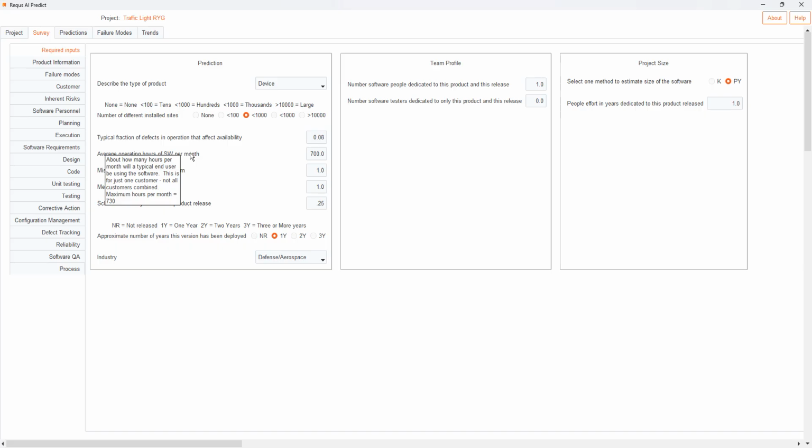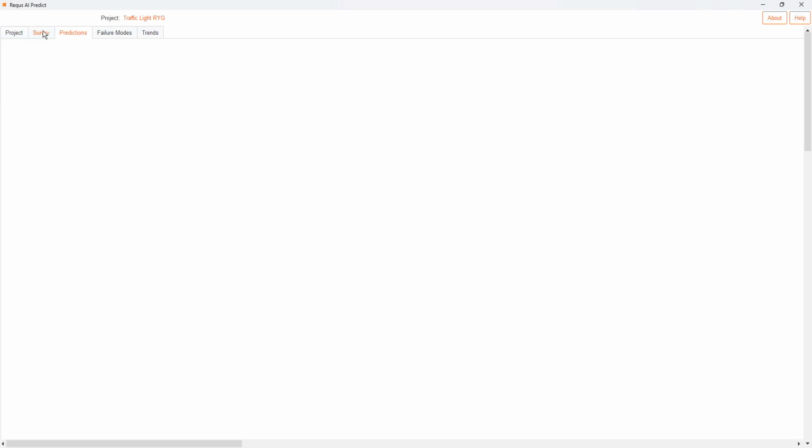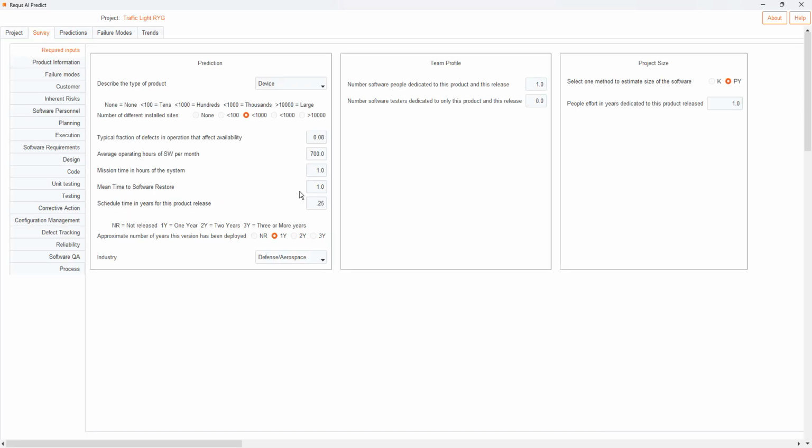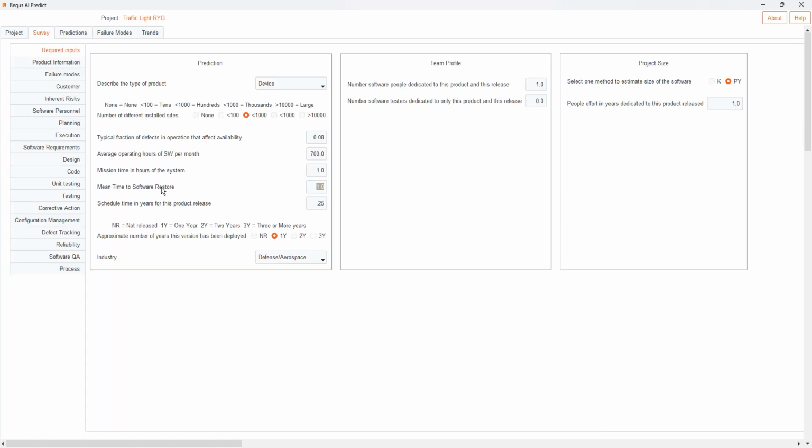The average operating hours of software per month are going to determine metrics like the mean time to failure. And the mean time to software restore, here we have 1 hour in there as a default, is used in the availability predictions. And we do have guidance there on how to compute that.